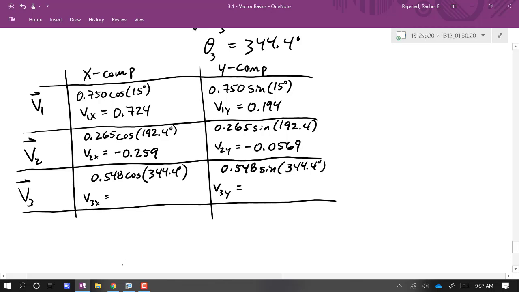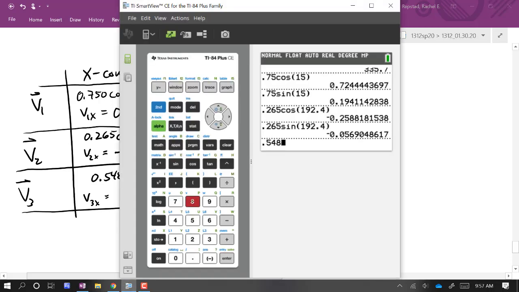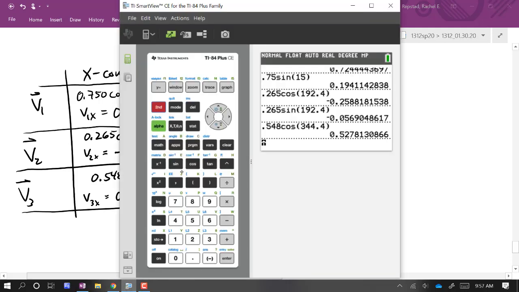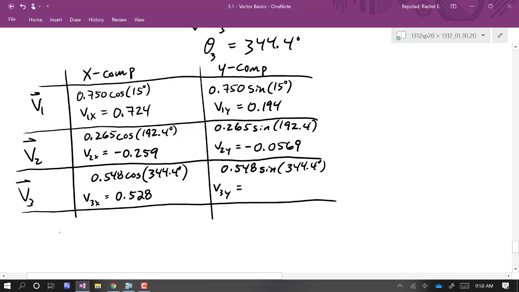And for the last vector, that angle is 344.4. So the x component is 0.528. Y component, negative 0.147. It's sort of a really algorithmic approach to this. Once we have our magnitude and direction for all our vectors, we find all of our components.